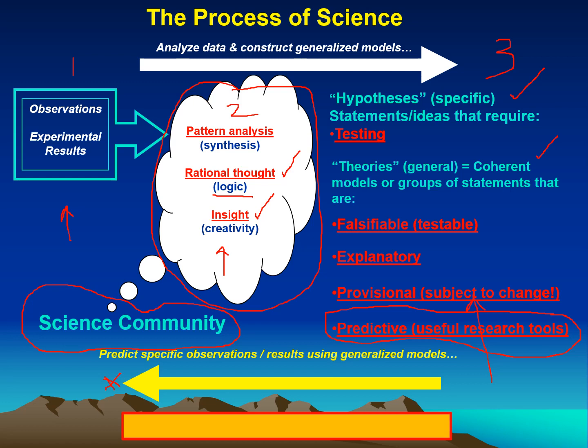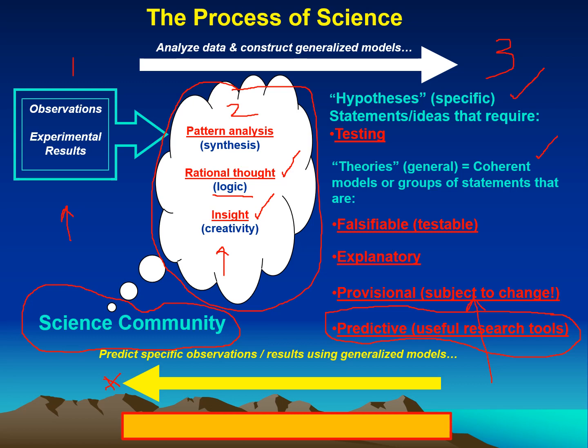What observations should I be able to make, or what experimental results should I be able to find if my theory is a good one? And in that sense, a good scientific theory is like a mental map that helps scientists investigate the world and even think of questions to explore that they wouldn't have otherwise thought of without the scientific theory in the first place.